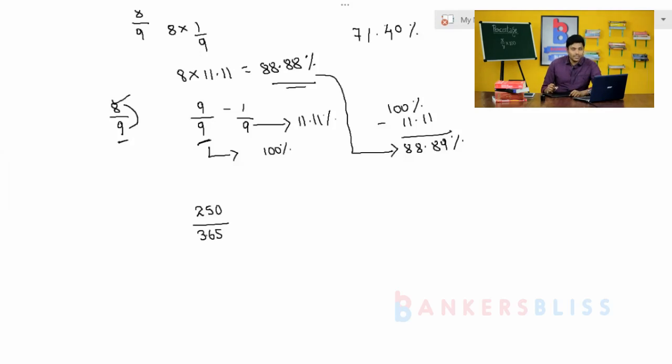Very simple. If the numerator is less than the denominator, then obviously it is less than 100%. Then you take 10% of the denominator. So 10% means 36.5. Next, what number do I have to multiply to get 250 or very near to 250?